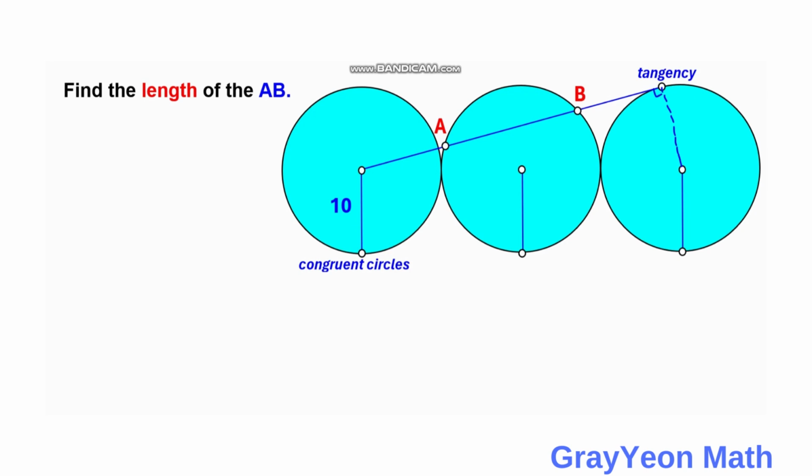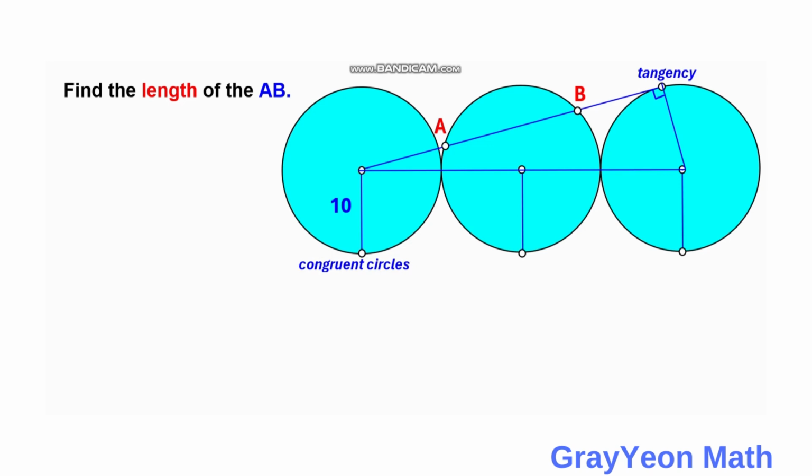It is also given that the centers of the three circles are collinear, so we can draw a straight line from circle 1 to 3 passing through the center of the second circle because they are collinear.